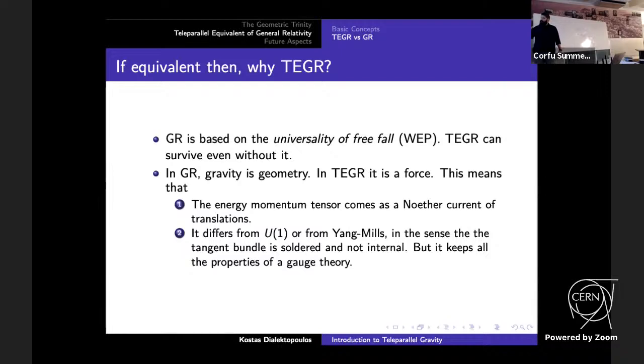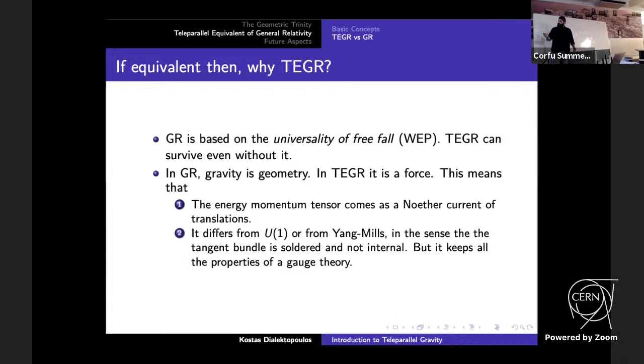Apart from that, the energy momentum tensor, even though in GR it is defined from the variation of the material action with respect to the metric, in the teleparallel equivalent of GR, because it is a gauge theory of translations, comes up as a gauge potential, as the Noether current of the translation. So it's not arbitrary, it's not a pseudo tensor anymore. It looks like a space-time tensor.